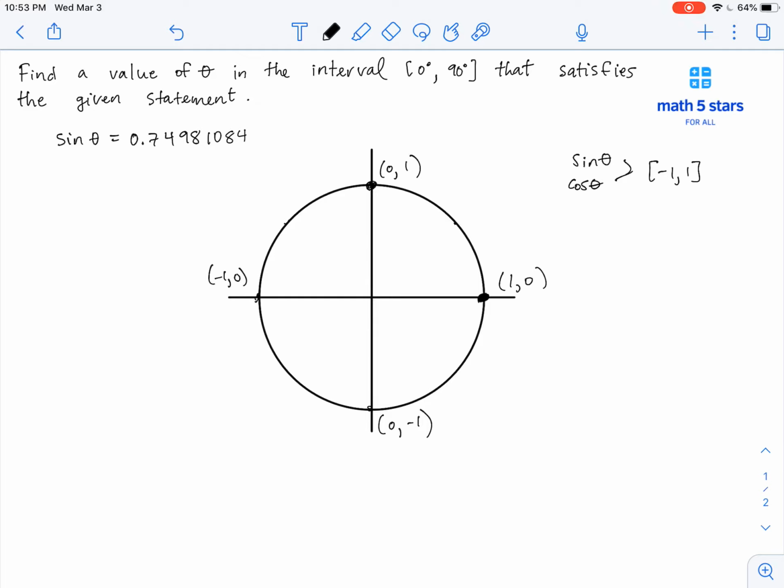So another thing I mentioned, that whenever we want to find these angles, one thing you need to know is that sine of the angle represents the y values, the cosine of the angle represents the x values or the x coordinates, right? So here the value that we are given, which is 0.74 and so on, that is the y value, right? And then how do we locate that in our circle?